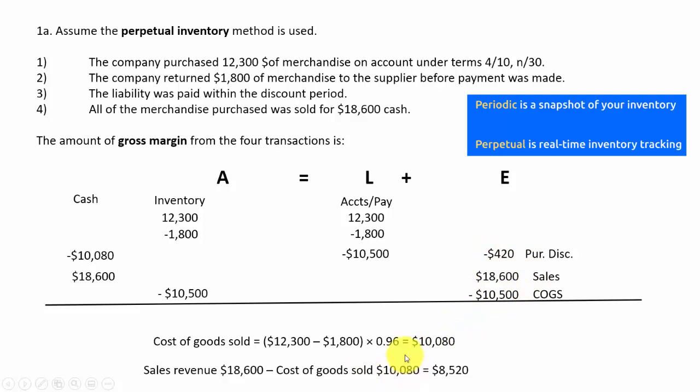And our answer for the gross margin, sales minus cost of goods sold, is $8,520. So $8,520 is our answer, and just to check ourselves, we're going to make sure after all the smoke clears that this accounting equation is in balance. So this side's $8,520, this side's $8,520, and I believe we're ready to go on to the next question.